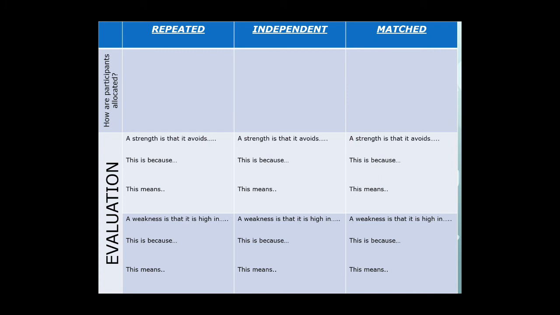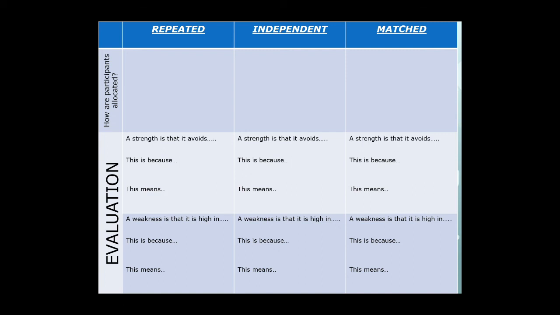Okay, so now what you've got is one strength of repeated measures, one weakness of independent measures, and one strength of matched pairs. You need to try now to suss out what are the other evaluation points.